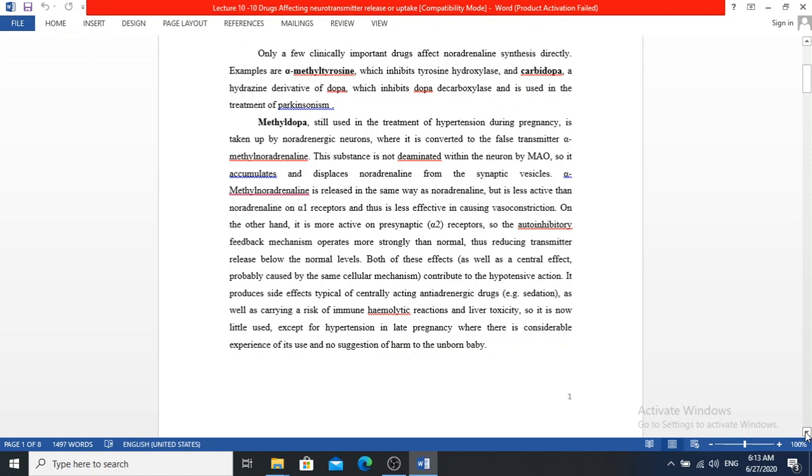Both of these effects, as well as a central effect probably caused by the same cellular mechanism, contribute to the hypotensive action of methyldopa.